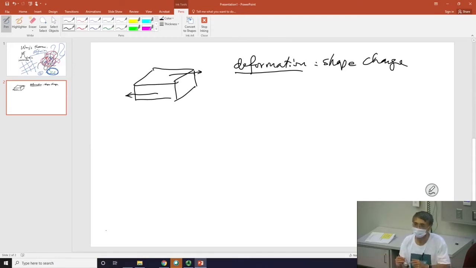I'm not talking about throwing a ball; I'm talking about having a shape change. No acceleration. This thing will sit still. The center of mass will not move. Why?